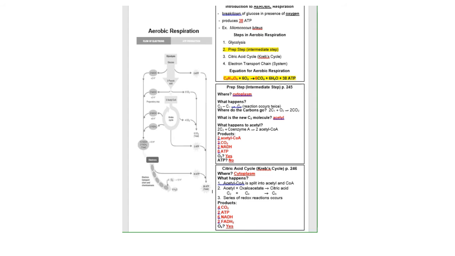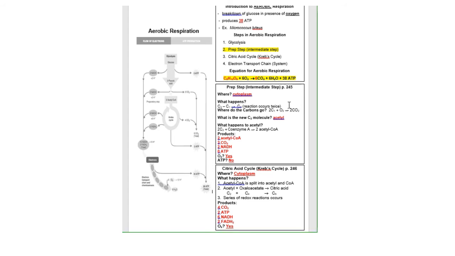So now that we are finished with glycolysis, let's move on to step number 2. At the end of glycolysis, we had a 3-carbon molecule called pyruvic acid. Step number 2, the prep step, or intermediate step, occurs in the cytoplasm. Here's what happens.